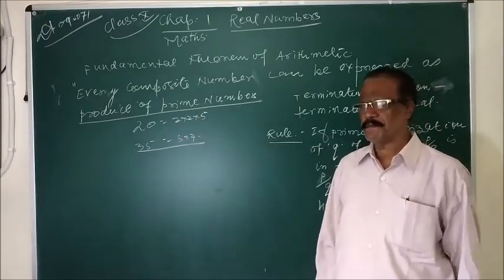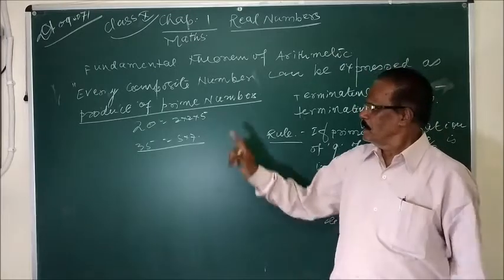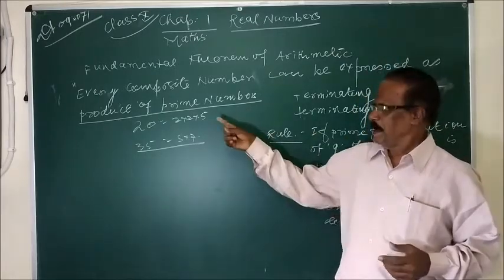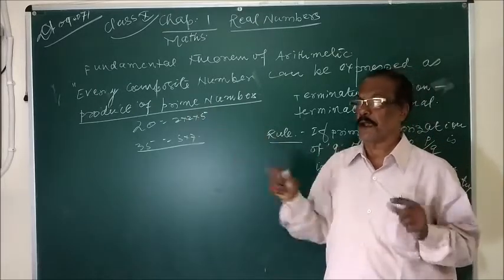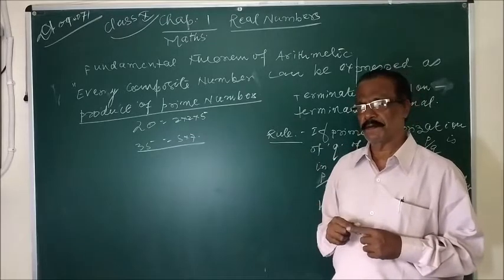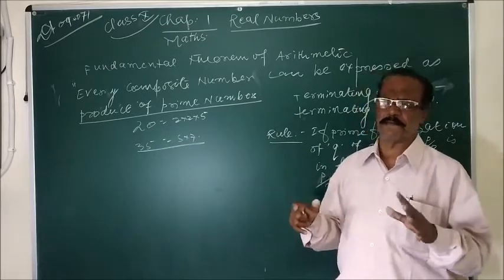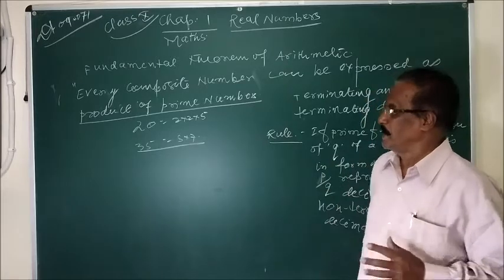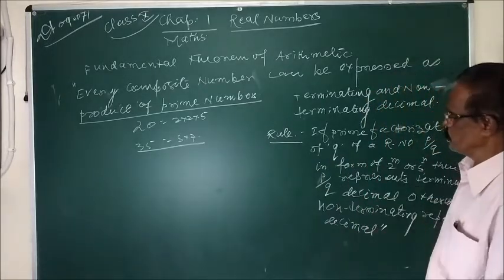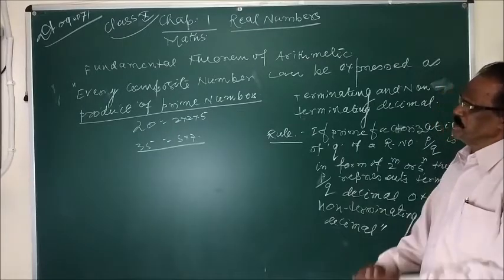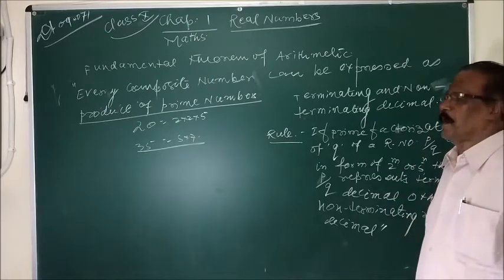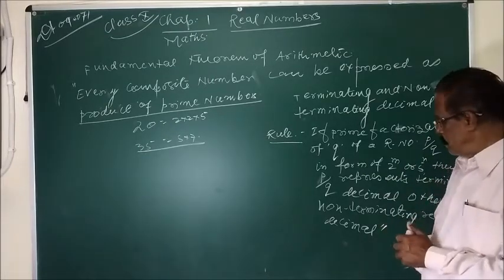What do you observe? You observe that 20, which is a composite number, is expressed as a product of prime numbers. Now you see 35, 5 into 7, and a number of examples before you. So you can understand this is called the fundamental theorem of arithmetic, and this is used to find the HCF and the LCM of the given numbers.